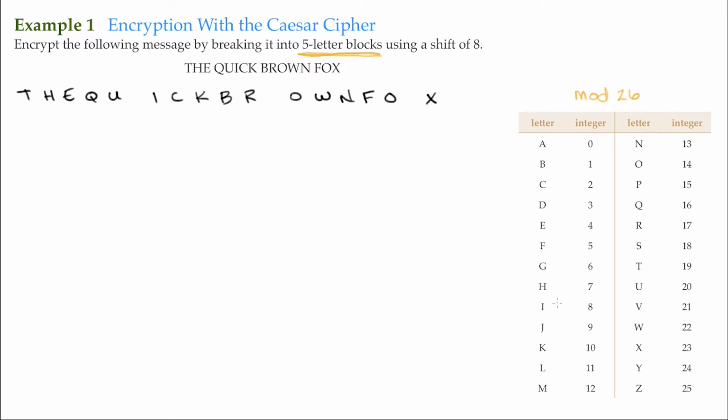Then we use our chart here to label each letter with its corresponding number. So T right here is 19. H is 7. E is 4. And we just go down the line for each one.